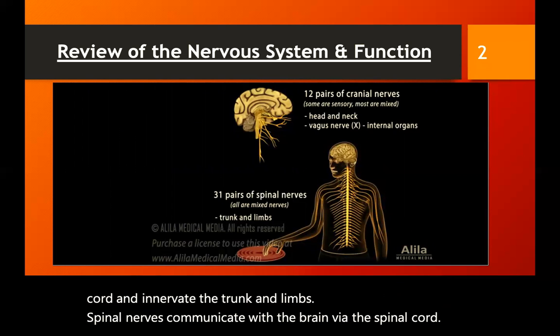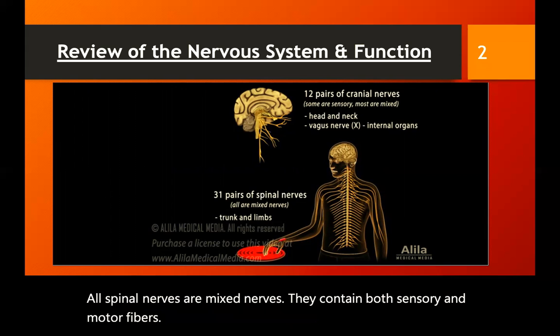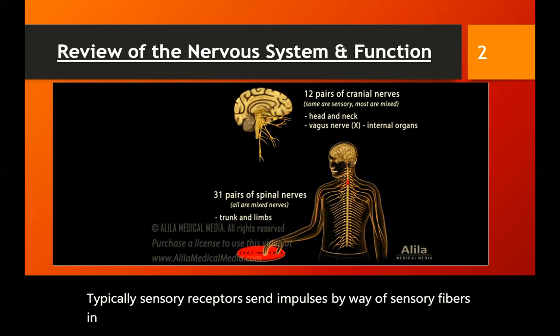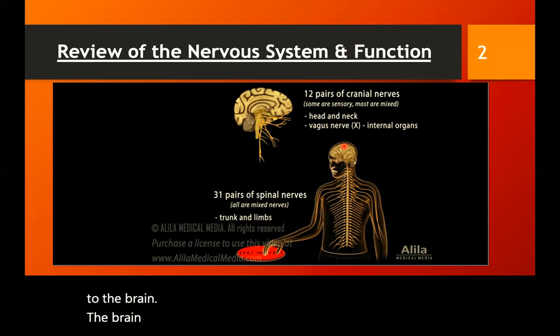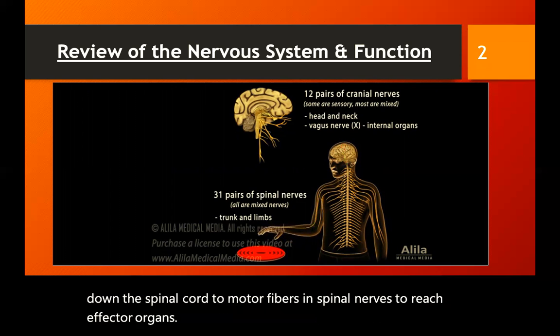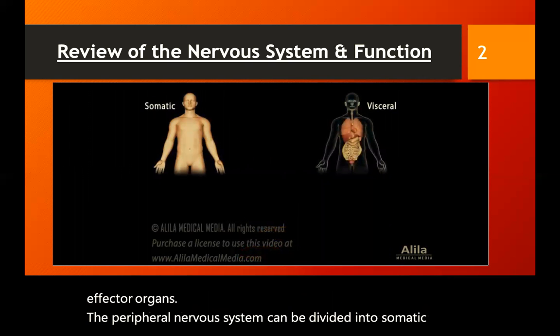All spinal nerves are mixed nerves. They contain both sensory and motor fibers. Typically, sensory receptors send impulses by way of sensory fibers in spinal nerves to the spinal cord, which relays the information up to the brain. The brain interprets the information and sends back instructions down the spinal cord to motor fibers in spinal nerves to reach effector organs. The peripheral nervous system can be divided into somatic and visceral subdivisions.